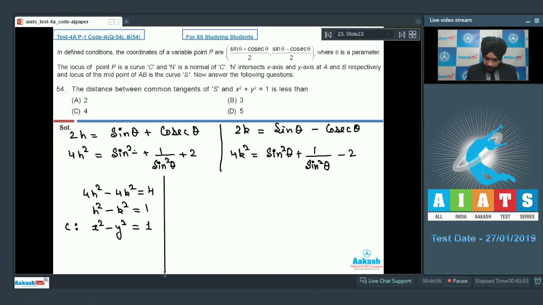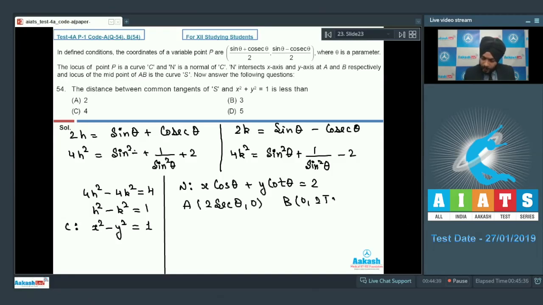Now, after this, the story says that N is a normal of C. So N is x cos theta plus y cot theta is equal to 2. N intersects the x-axis at A. So A point is 2 secant theta comma 0. Y-axis at B. B is 0 comma 2 tan theta.